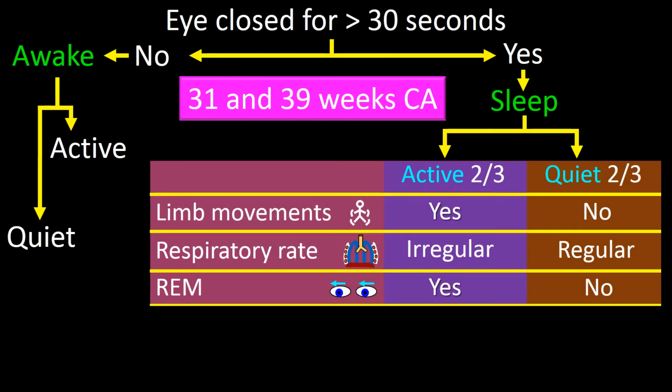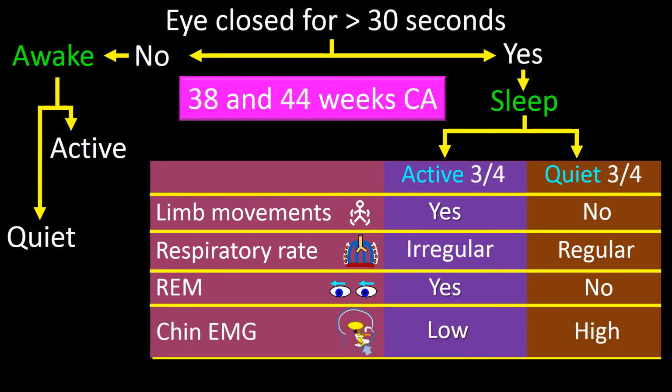Between 31 and 39 weeks conceptional age, most authors consider that the concordance of 2 of the 3 parameters in this frame is enough to label a sleep period as active or quiet. From 40 weeks onward, most authors consider that the concordance of 3 of the 4 parameters in this frame is necessary to label a sleep period as active or quiet.